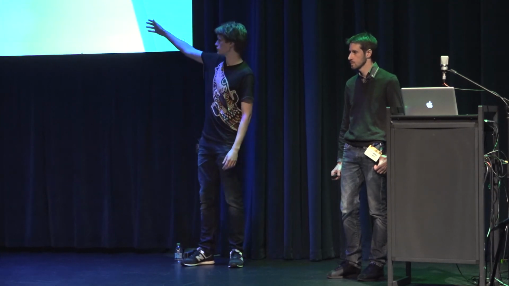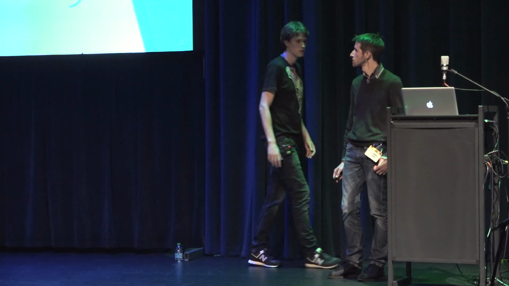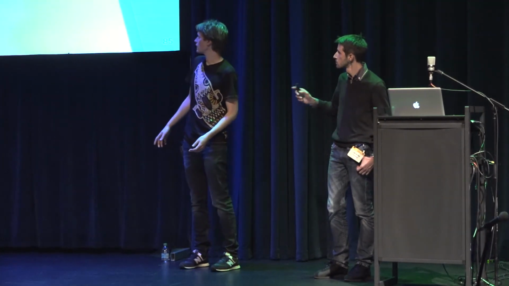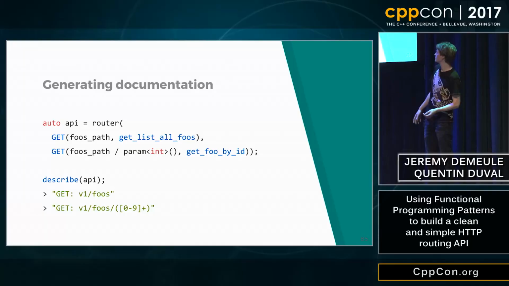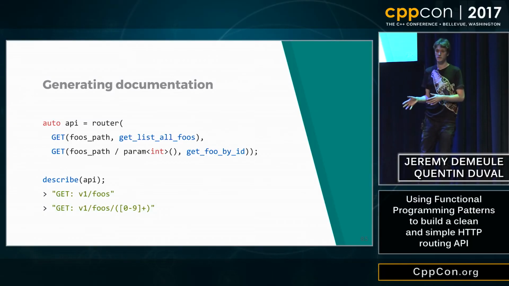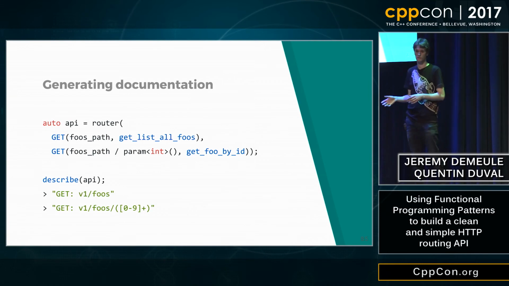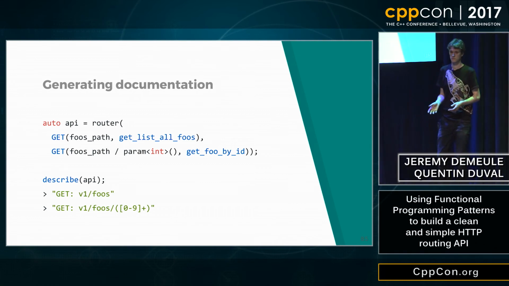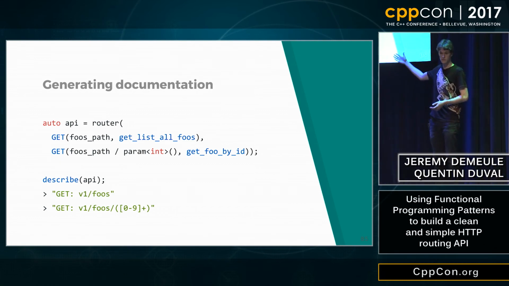In fact, since the router accepts a lambda, we can, inside the lambda, put another router if we want to erase types. If we do that, we lose some of the features because it becomes opaque, basically.